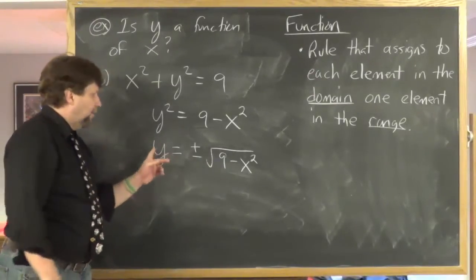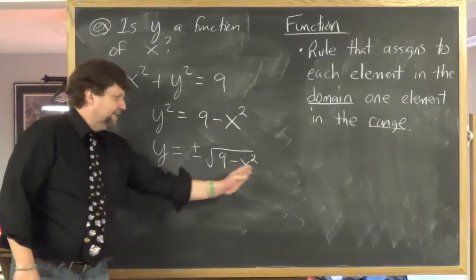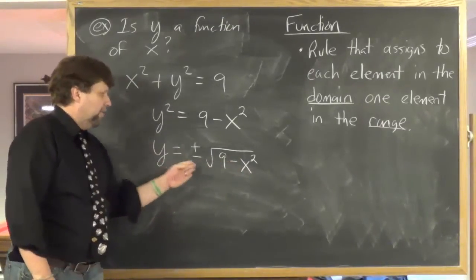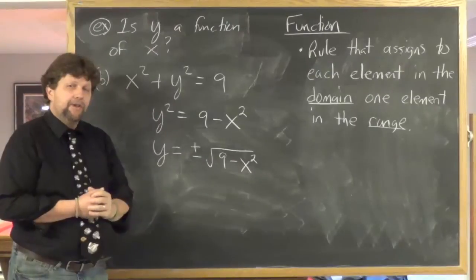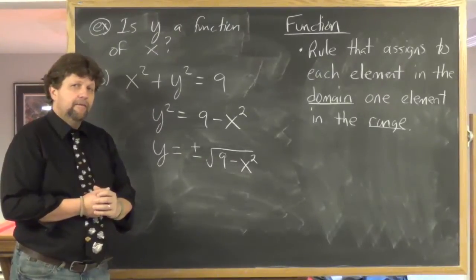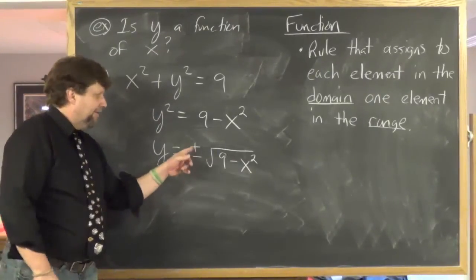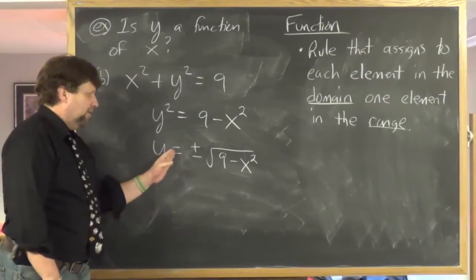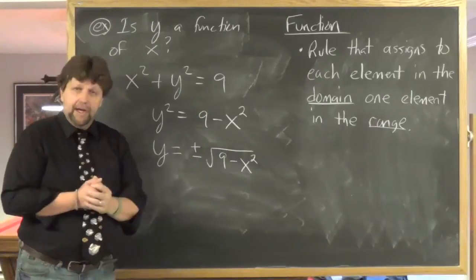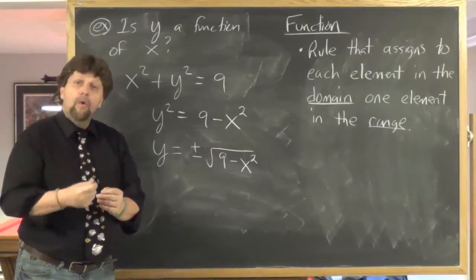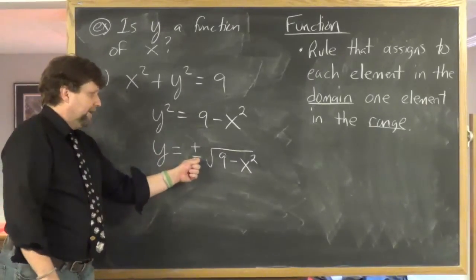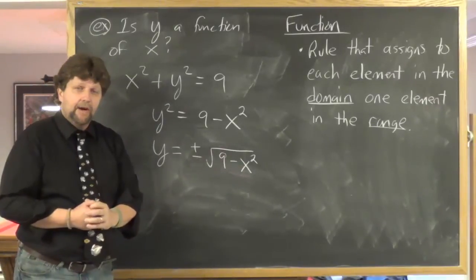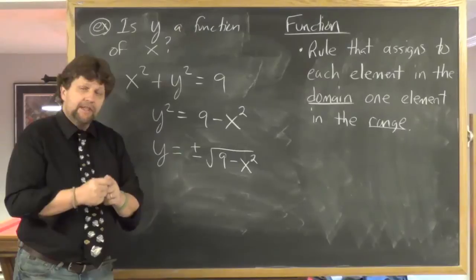Do we have y equals a single expression over here? Does y equal a single expression? No, it doesn't, because we have the plus or minus. This is saying y equals the positive square root of 9 minus x squared, or y equals the opposite, the negative square root of 9 minus x squared. We don't have y equals a single expression.